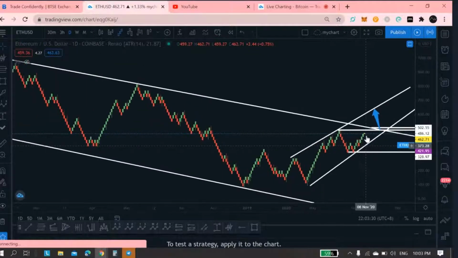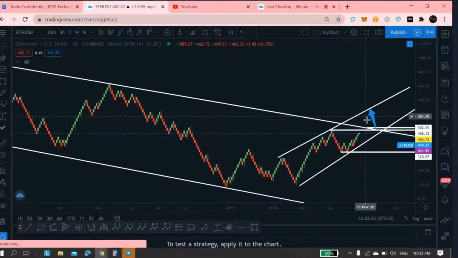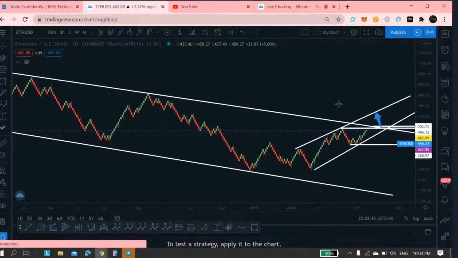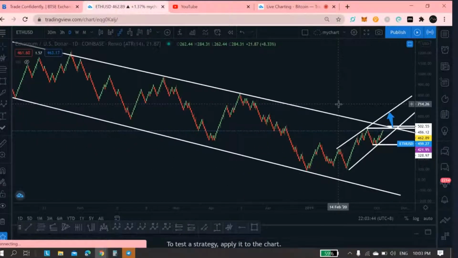So let's see if it will break this area, or fail, or reject this area. I already have a possible next TP at around 550. So I'm expecting it to break this long-term downtrend area.